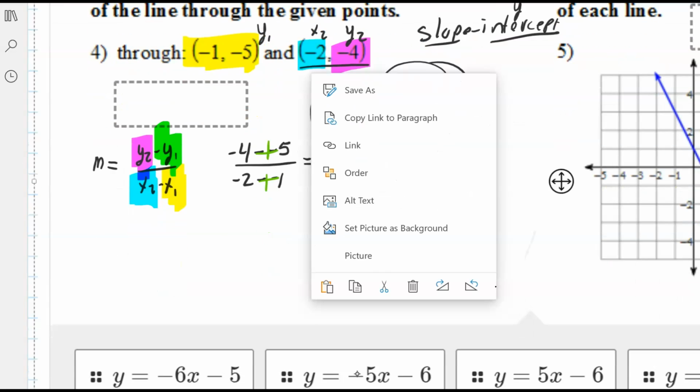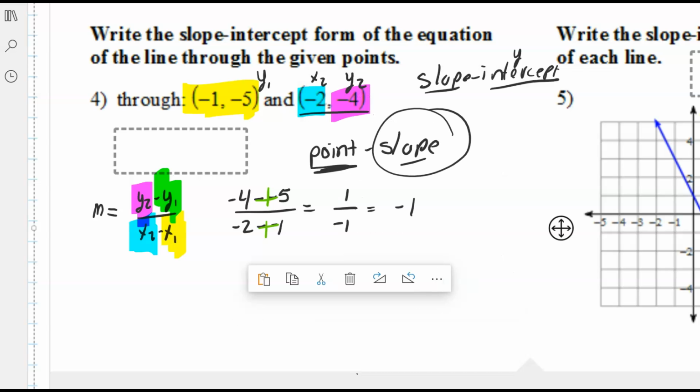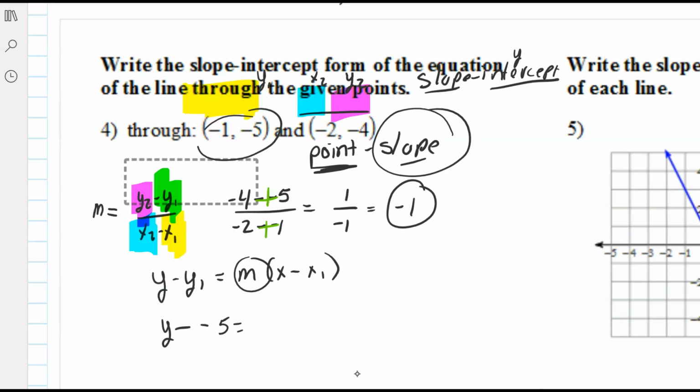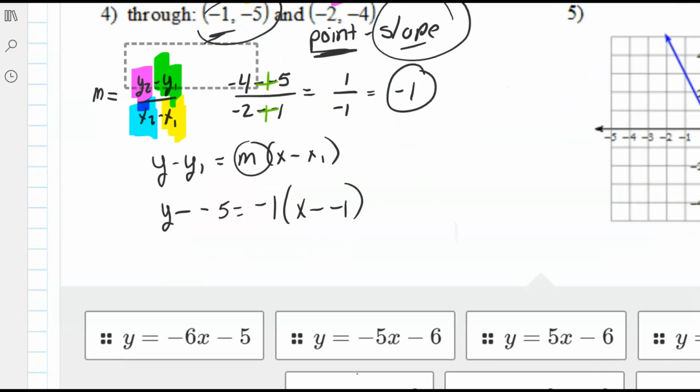All right, and then I'm going to need the point slope formula, which is y minus y sub 1 equals m times x minus x sub 1. So we have y minus negative 5 equals slope, which was this, times x minus this one, negative 1.